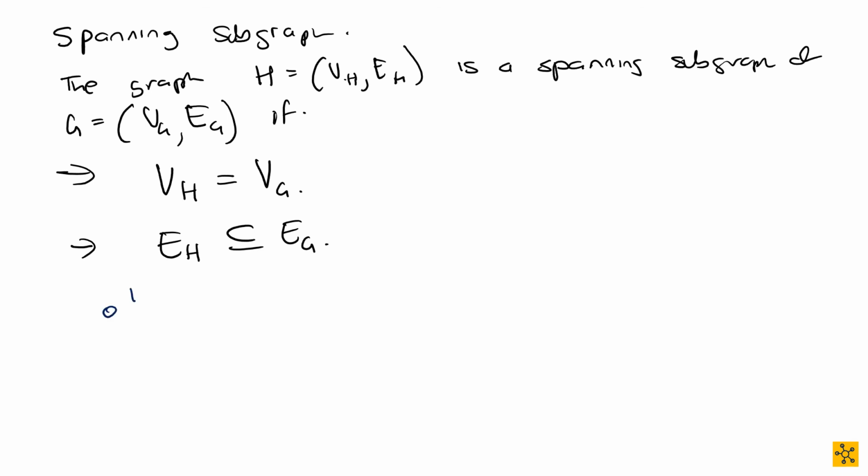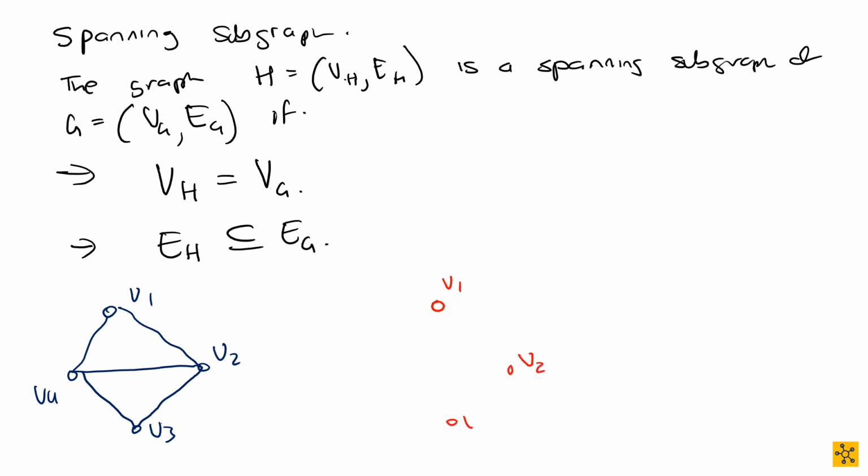So let's create a graph, V1, V2, V3, V4. Okay, so we have a graph like that. A spanning subgraph has to have all the vertices. So it has to have all of these. That is a spanning subgraph of that graph. But another example of a spanning subgraph of this graph is if we actually go ahead and put one of the edges in there.